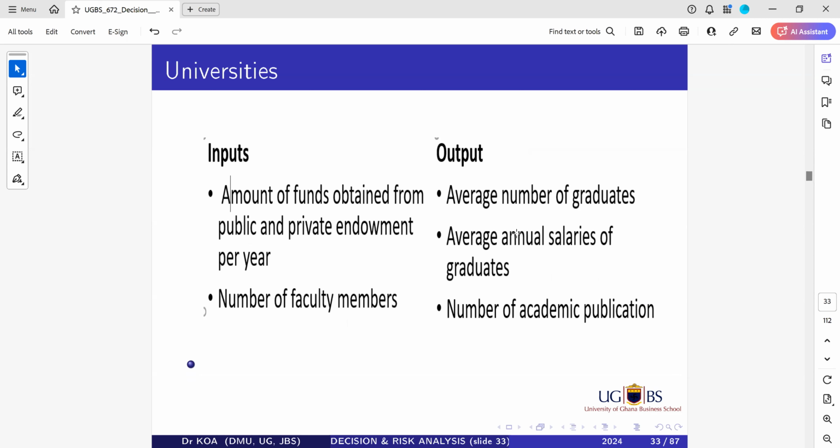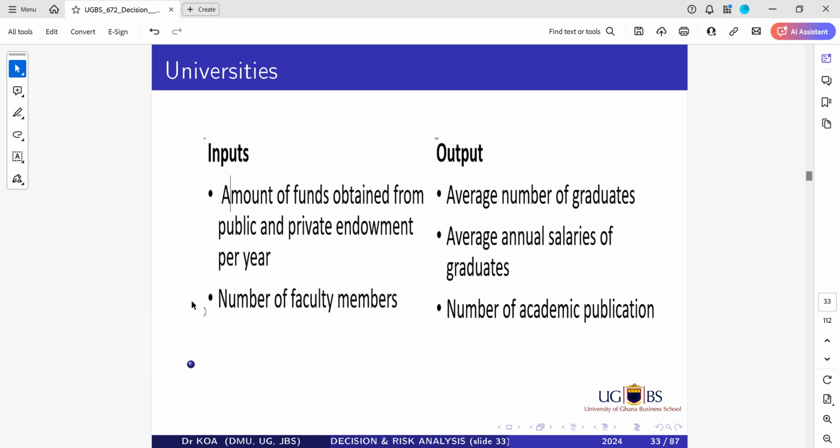What about if it is a university? The number of faculty, so that's the labor. And then research funds. These are the inputs. You can see that there was nothing called the number of incoming students. On the right, you rather have average number of graduates. So that's interesting.